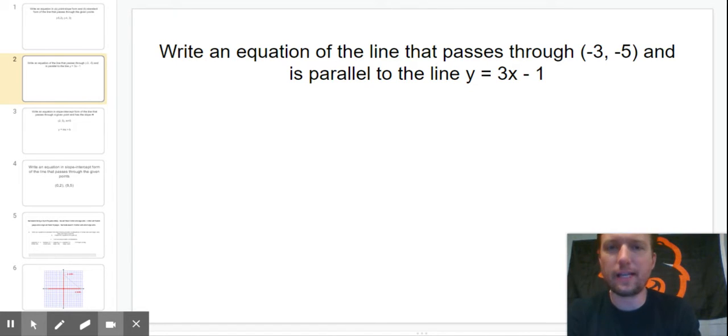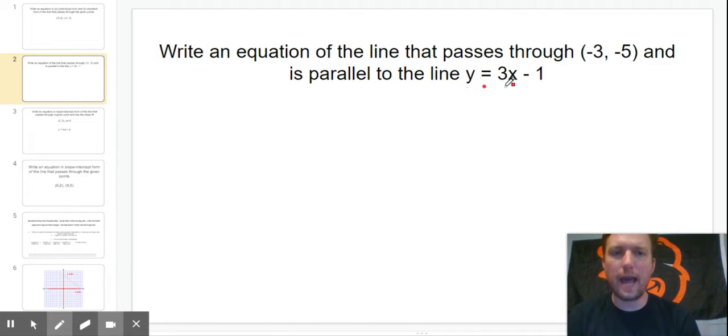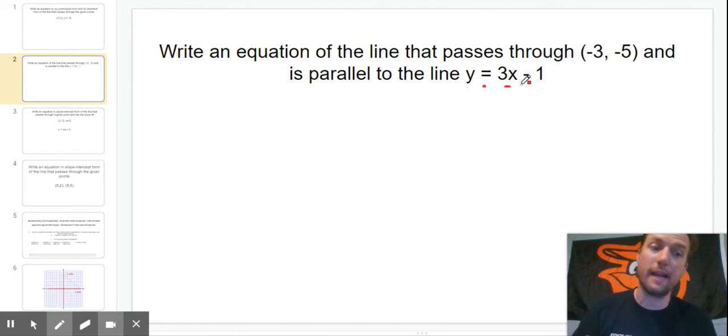So let's check this out. The first thing that we're going to do, there's 3 steps. Step number 1, we are going to identify the slope. Well, if you look closely, we already can tell this is y equals mx plus b, or in this case, minus 1.